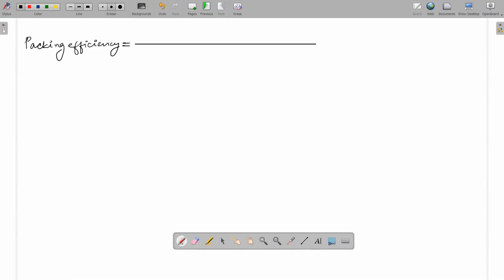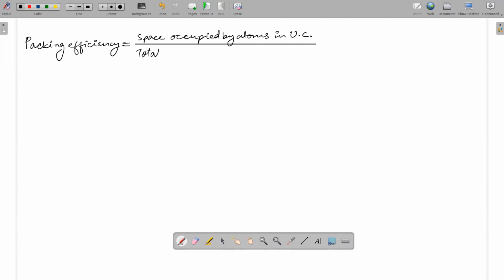Here we have space occupied by atoms in unit cell, just like marks obtained by students in the paper, upon total marks, that is the space occupied by unit cell.